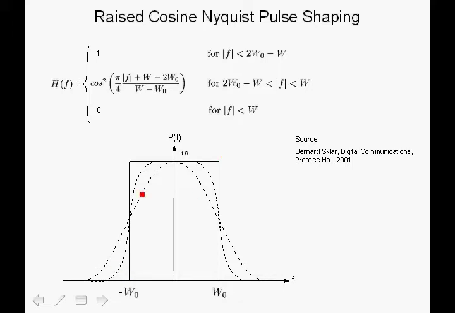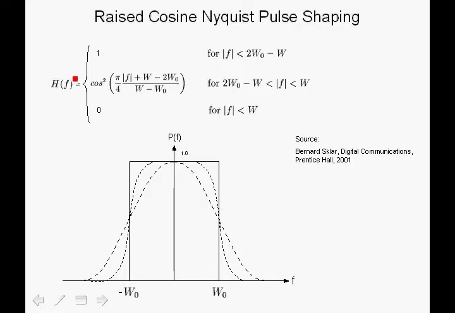One is the filter with a rectangular frequency response, and we know that its impulse response is the sinc function that we described. But as we mentioned, if you limit the signal and energy in the frequency domain, then it spreads out in the time domain. So by broadening the spectrum in the frequency domain, we actually shrink the time domain, and therefore we may get some better results in terms of both implementation and intersymbol interference.